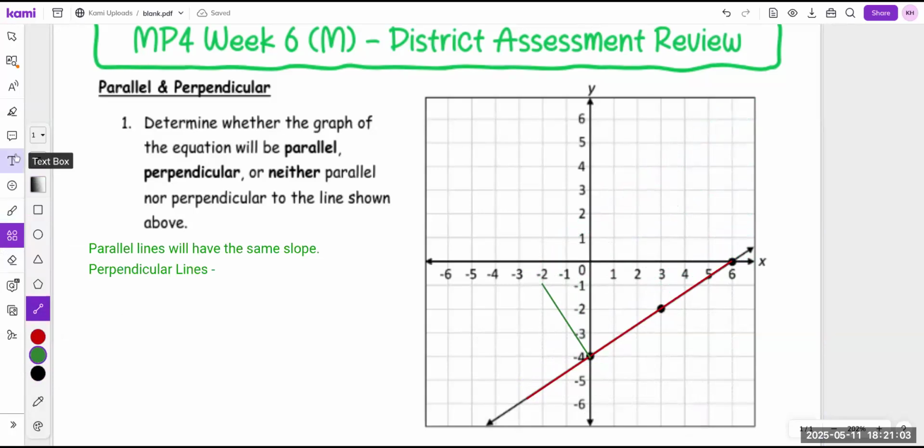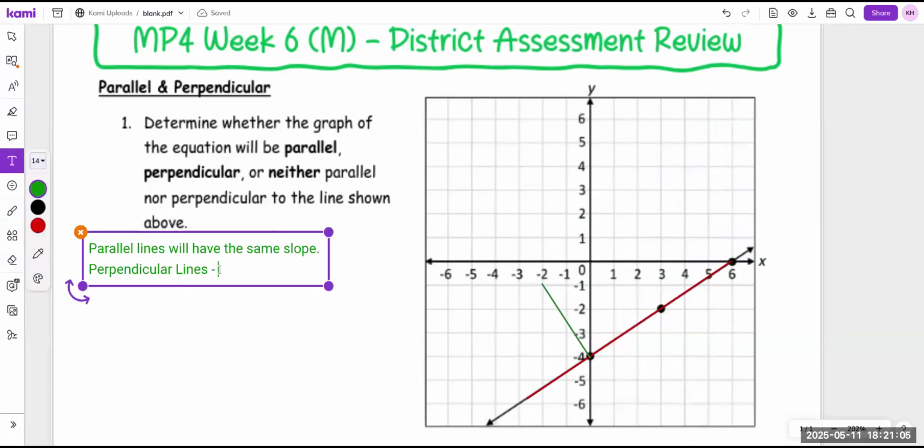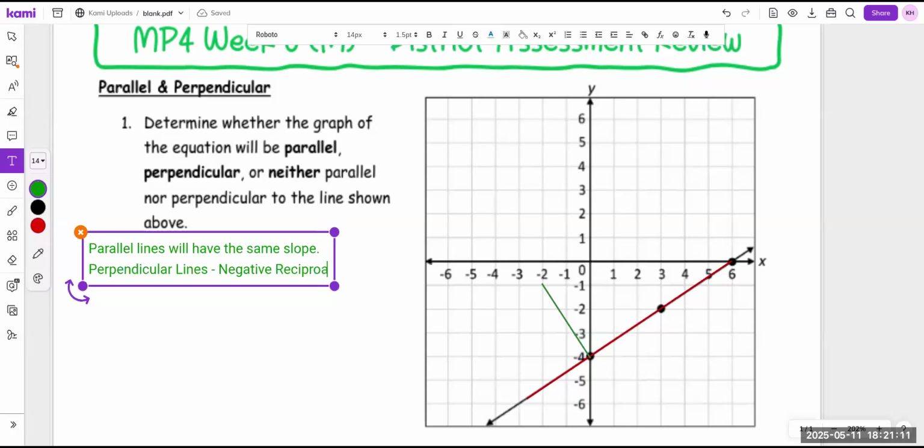Their slopes are going to be the exact opposite, so they're negative reciprocals, right? So negative reciprocals. Well, we have to find the slope. If the slopes are negative reciprocals, then they're perpendicular. And if they're neither of those things, then they're neither of those things, right?